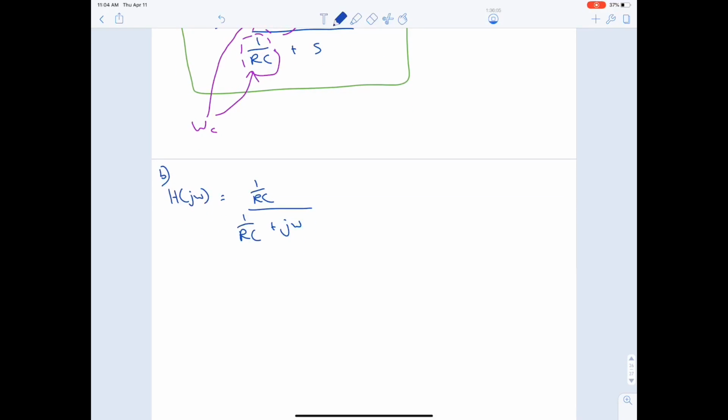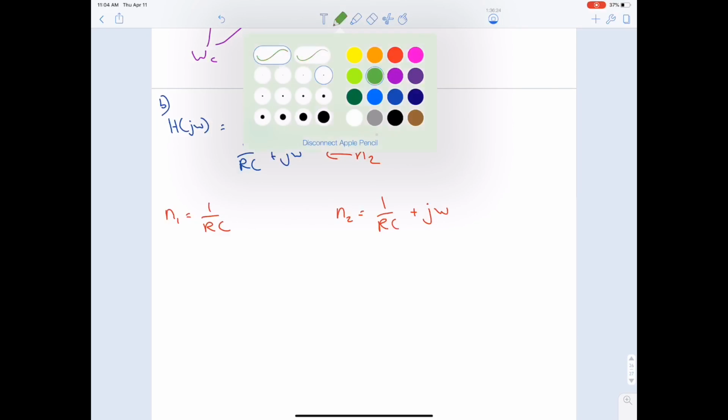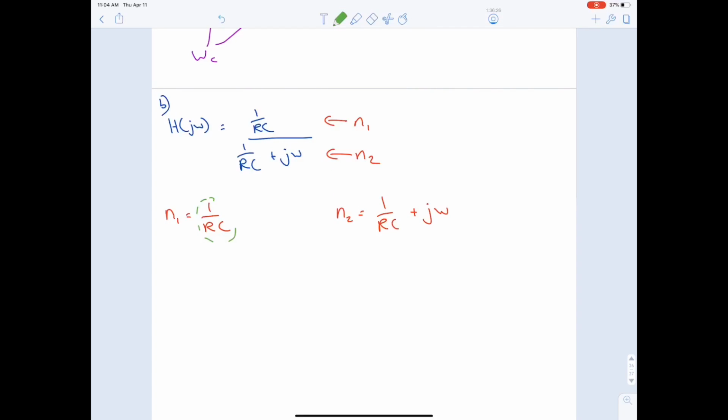Okay, then we will break this into two numbers, N1 and N2. N1 is 1 over RC, while N2 is 1 over RC plus JW. Okay, 1 over RC is the A part, the real part, and B is 0.